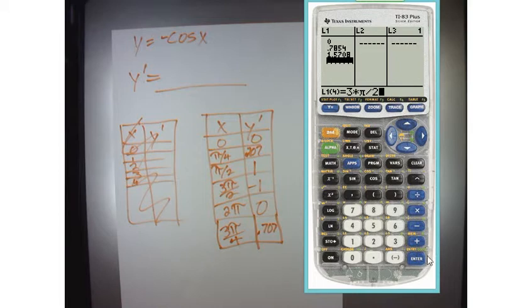You can't just type it in as 3 pi over 2. You could, but I like to do it that way. Then 2 pi. You can say 3 pi over 4 because we did it just now. All right, we'll do it your way, 3 pi over 4.